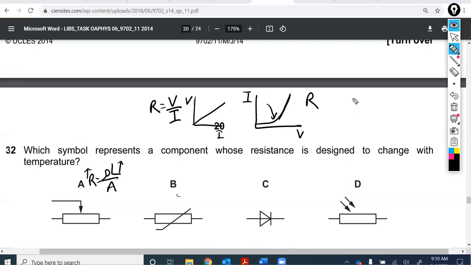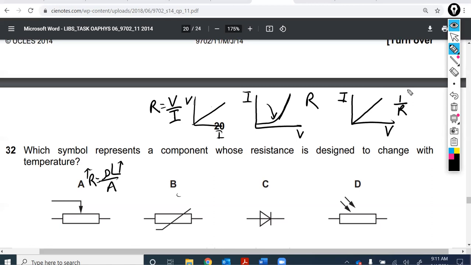But then we get introduced to this idea of IV characteristics, where we like to plot the current on the y-axis. And here we've got to remember that if we want to know what the resistance of this is, then we're going to take the slope, but take 1 over the slope.